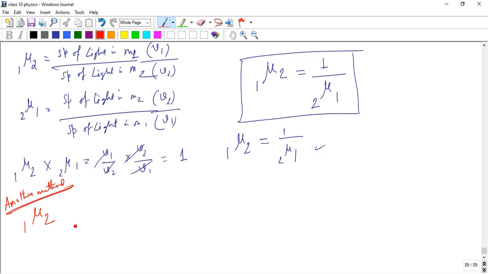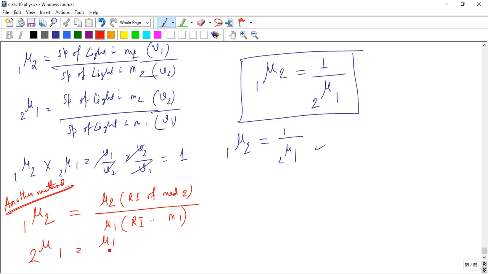Okay, reversibility property proof. Mu 1 to 2 means the refractive index of medium 2 by the refractive index of medium 1. So mu 2 to 1 means mu 1 by mu 2.